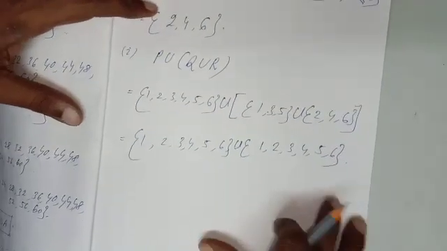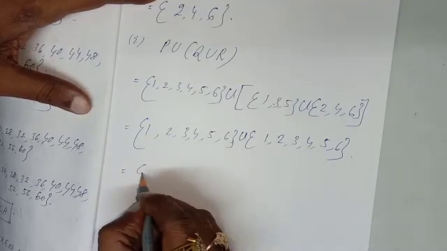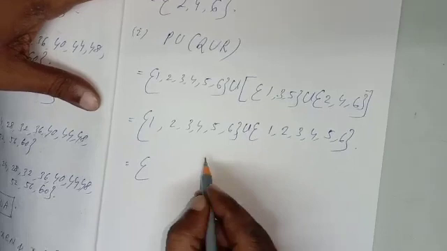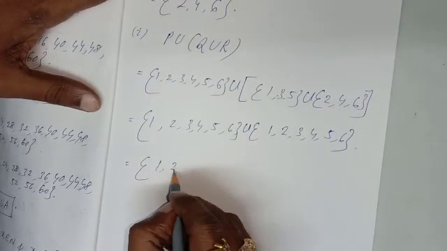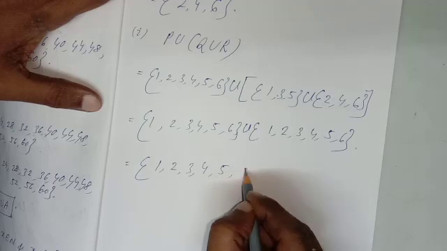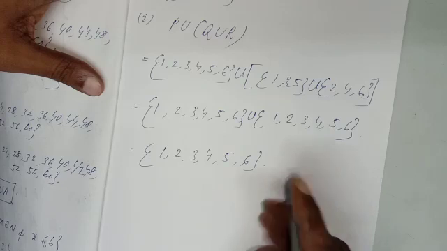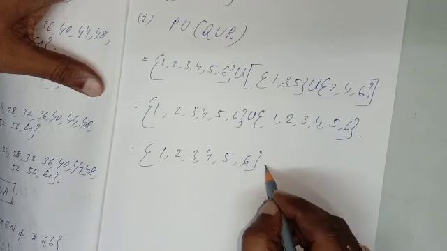This is the answer you are getting. After that, the union of these two sets will be all elements written without repeating: 1, 2, 3, 4, 5, 6. This is P union Q union R.